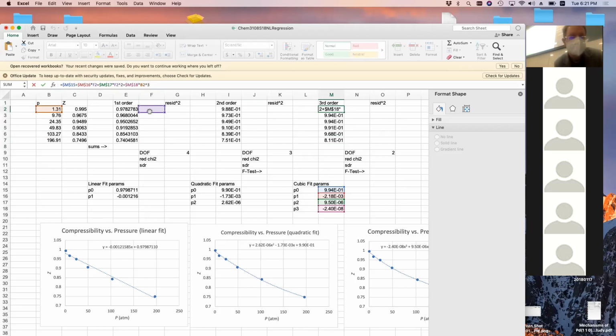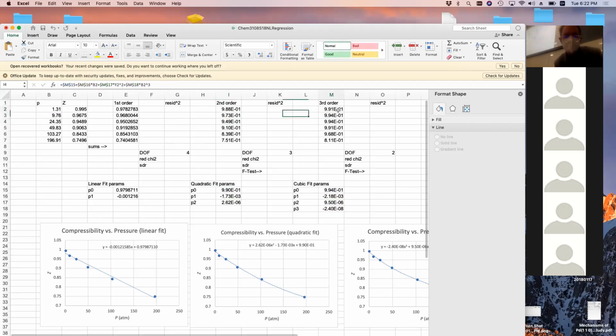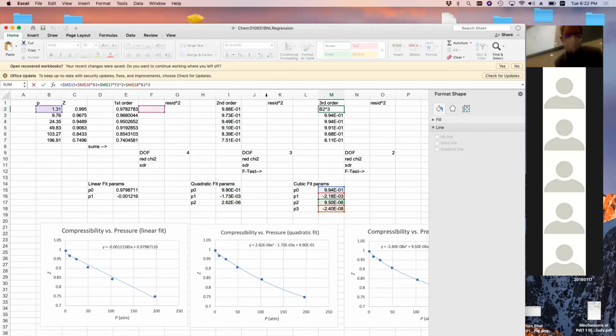This one. F2, where is that? Ah, okay, that should be B2 because it's a linear. Okay, let me just make sure that these other equations are correct. Yeah, this one looks correct. This one, I think now it's, oh.